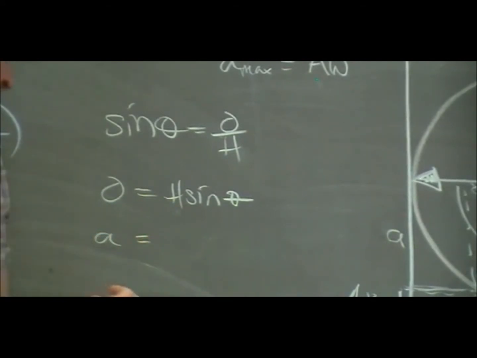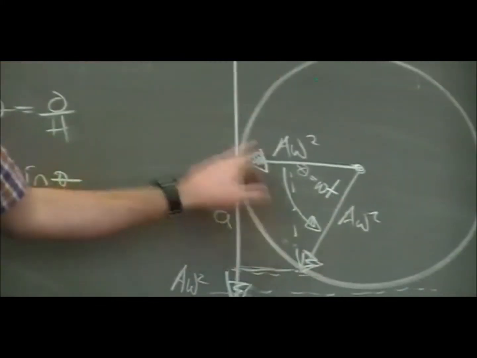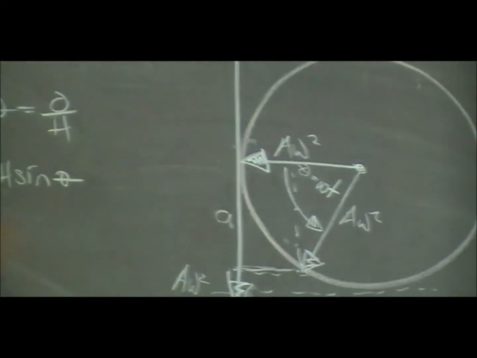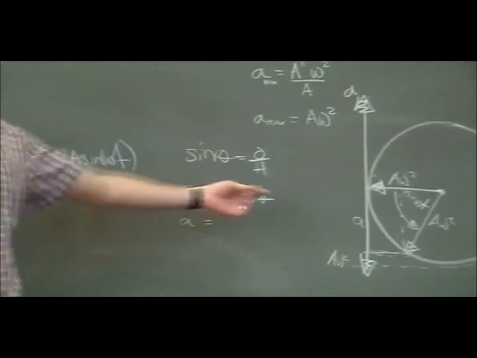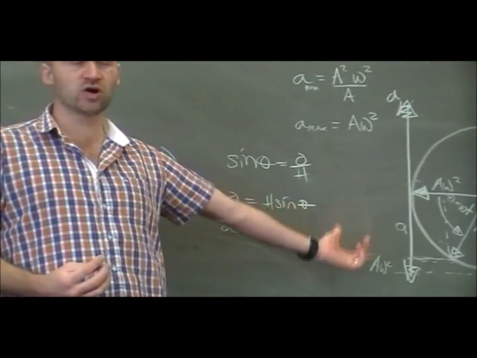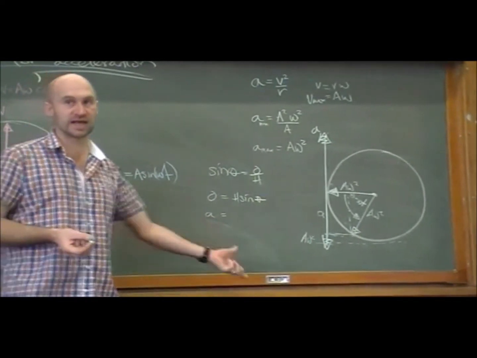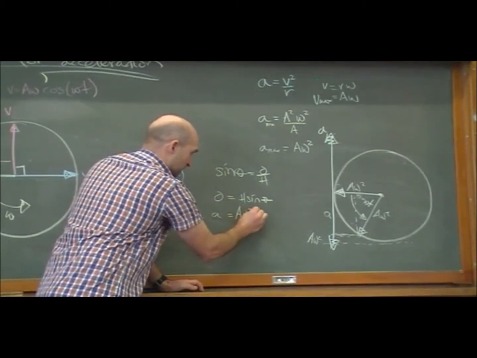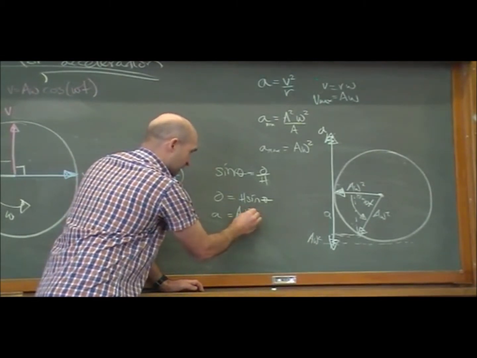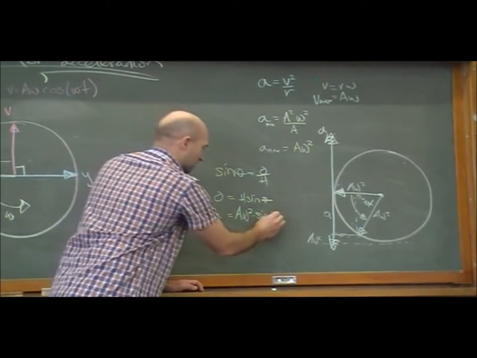A omega squared. That phasor stays the same length. That's really important. The size of acceleration is constantly changing, but we can model it with a phasor of constant length. So a omega squared sin, how much is theta? Omega t.